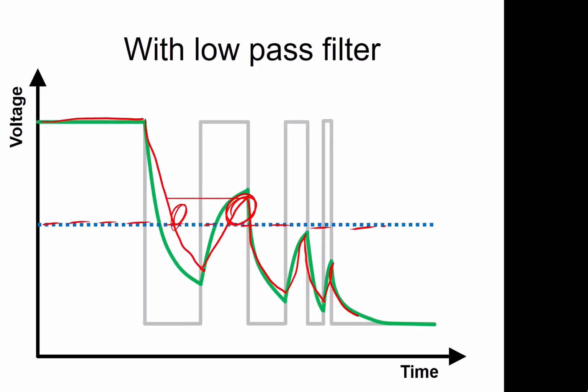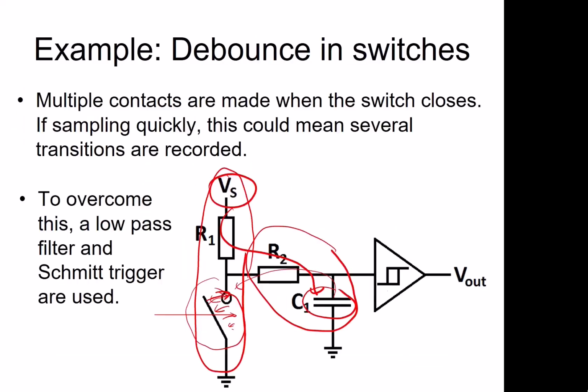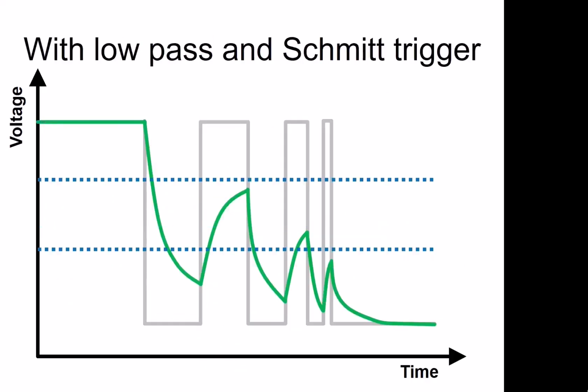So what we now do is we put in our Schmitt trigger after this, and this adds hysteresis. And what that does is, rather than give us 1 point for switching, it gives us 2 points for our switching event. It'll register a switching event if it goes below this line, but it won't consider the switch as being open again unless it goes above this line.